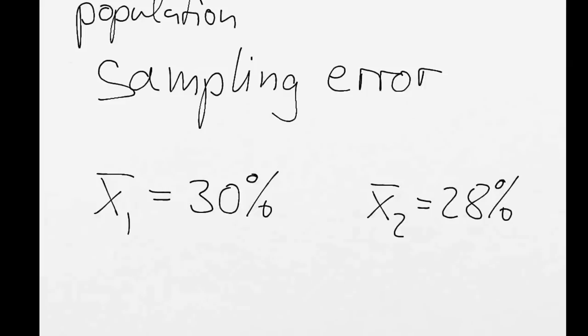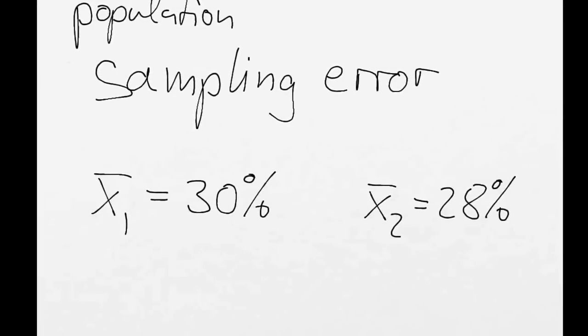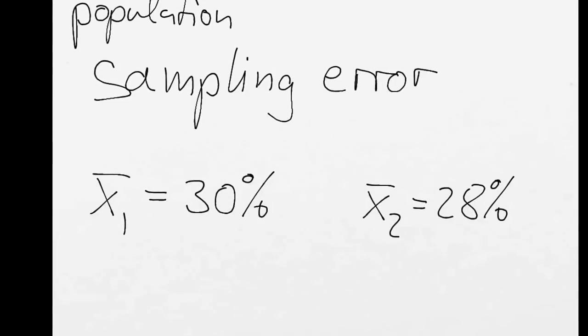But I can ask, are these two means different? Of course the means are different, but why are they different? Is it because they are different, they are truly different, or is it because of this damn sampling error?